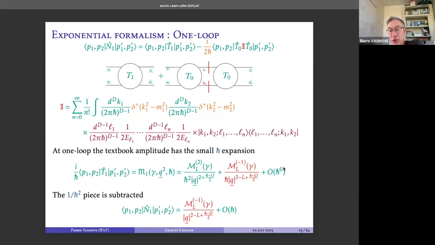So this piece here, the 1 over h bar piece, actually you see, when you do the computation, you put all the factors of i and 2 h bar and do it carefully.